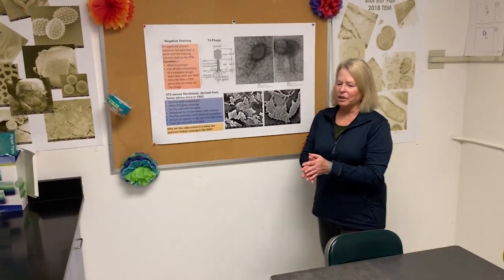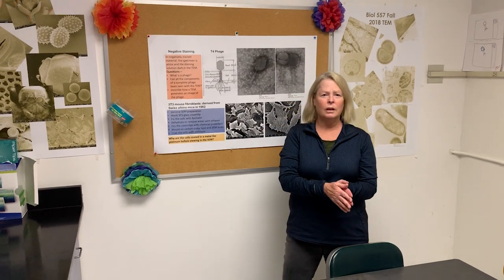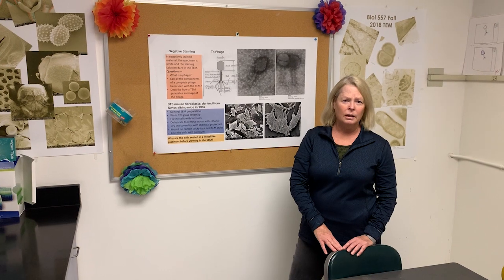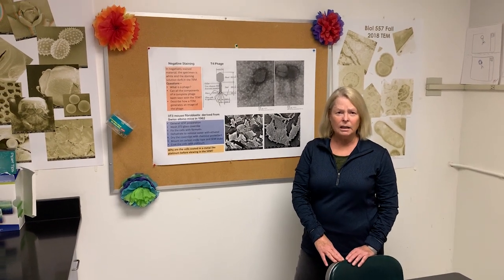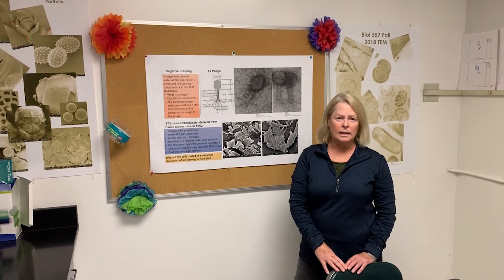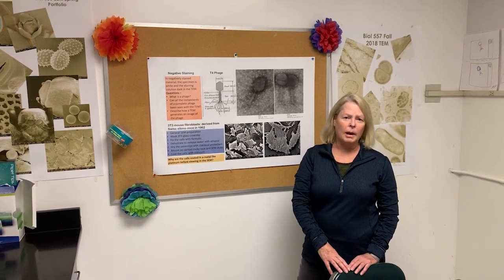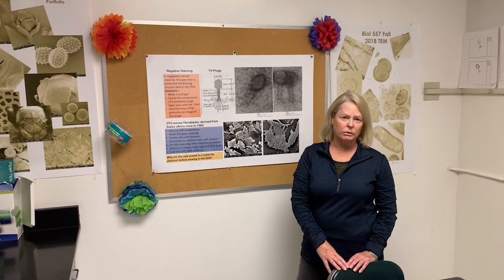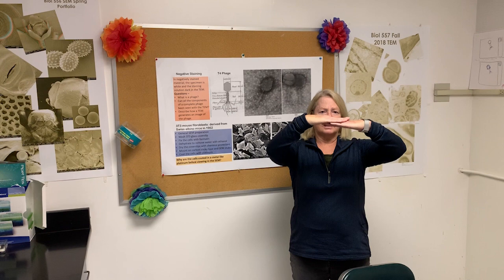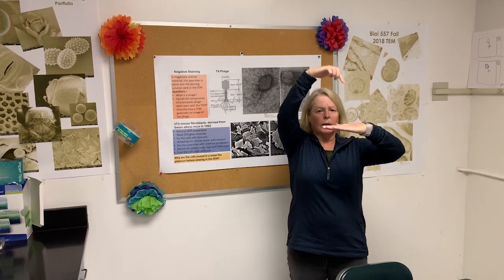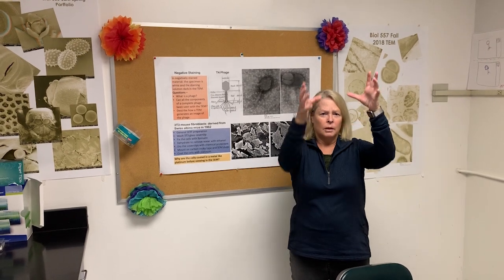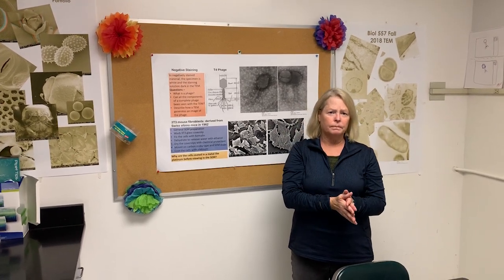So I'm going to come back over here and explain to you the difference between a TEM, which is transmission electron microscopy, and SEM, which is scanning electron microscopy. There are two different modalities that use the same principle of an electron beam to image our samples. In a transmission electron microscope, our sample sits inside the column and the electrons are shot through a sample, very much like a light microscope.